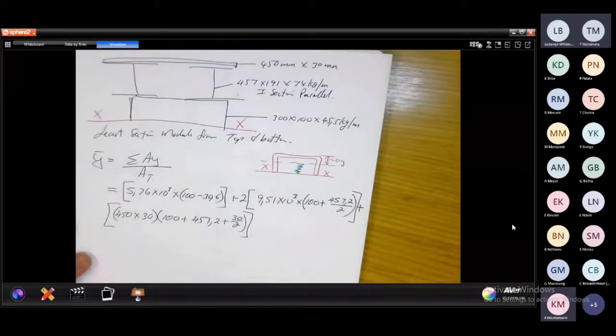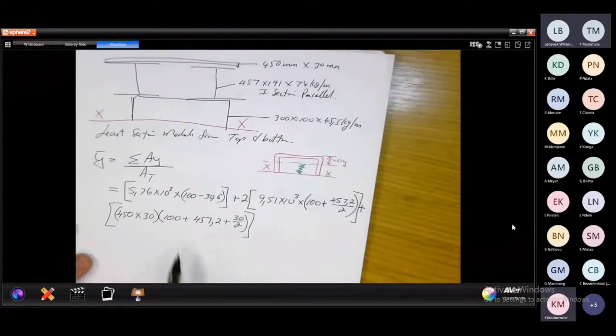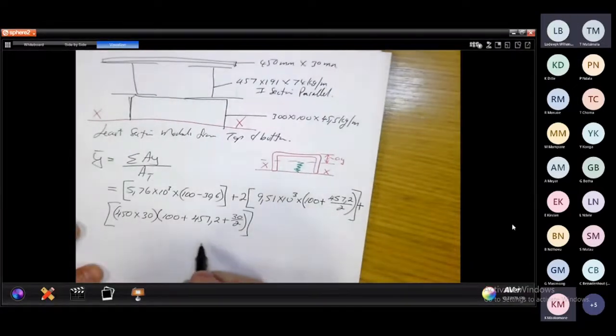Right, people. Everyone happy on this y here? Remember, 457.2 is not 457. You can go tonight, or when you have time, and do it with 457. You will see your answer is totally wrong. Then divide.